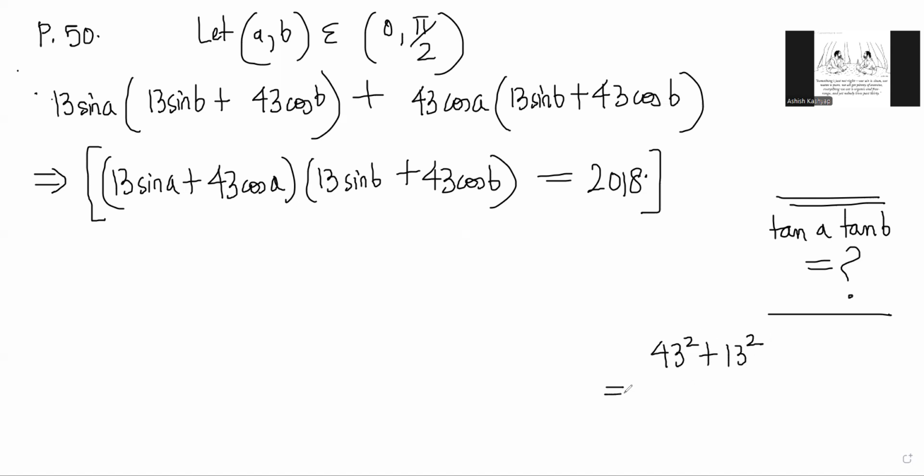What is that? That is 2018. So that is why these numbers were chosen. There is a reason why the question has been designed with these numbers.